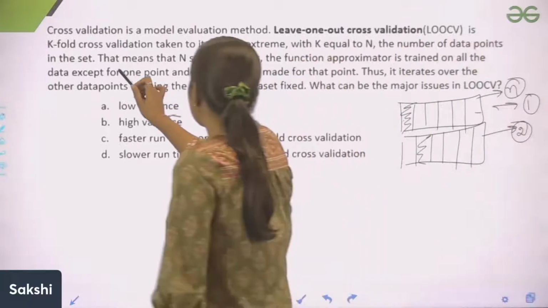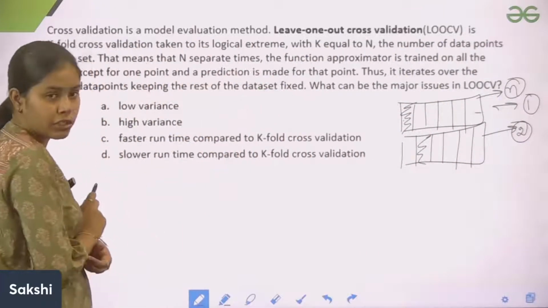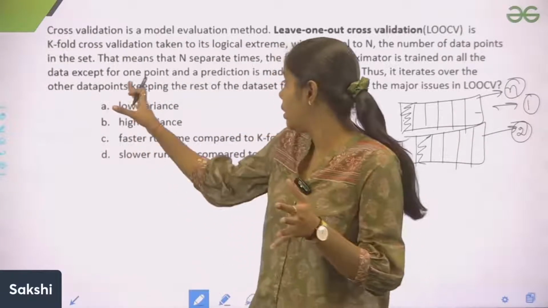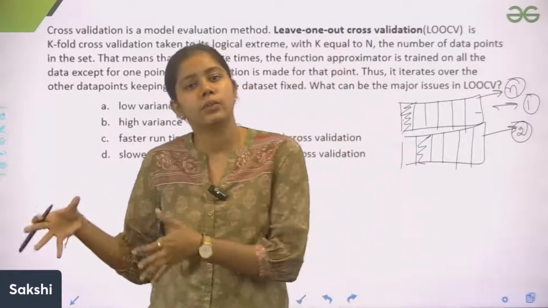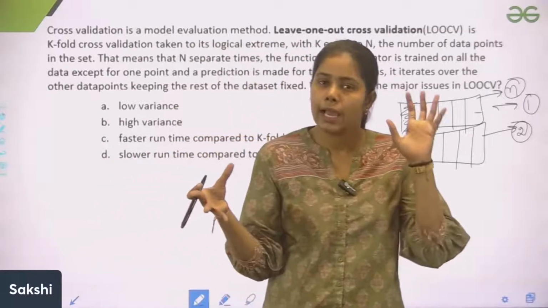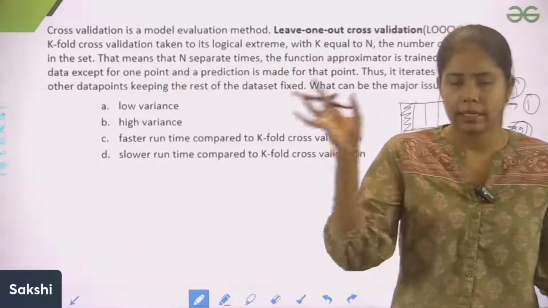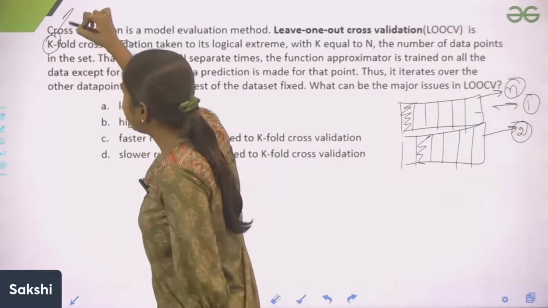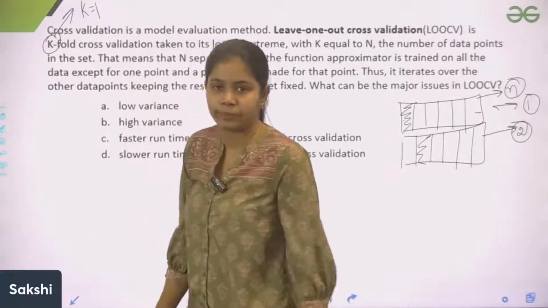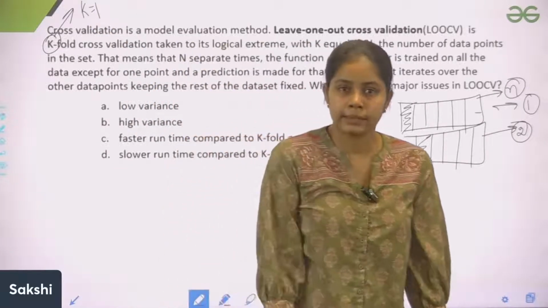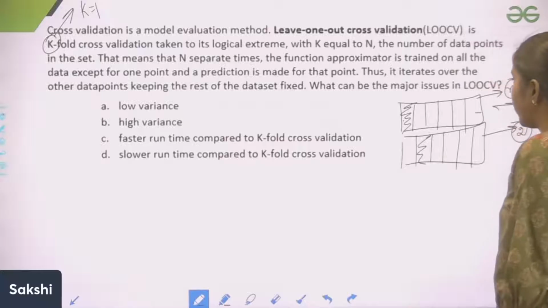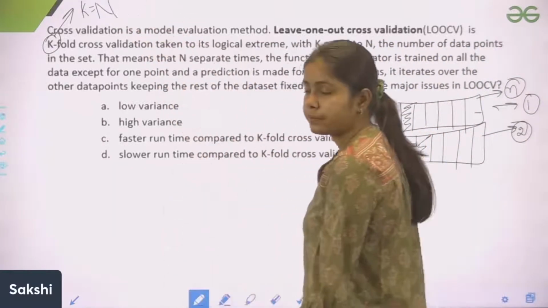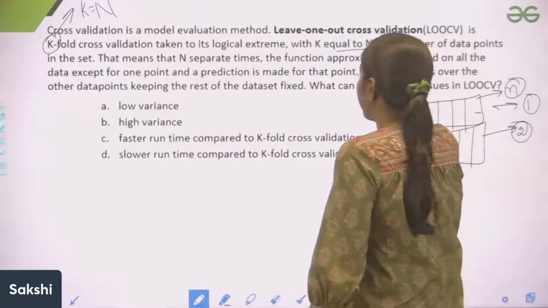So you can see that this is k-fold cross validation taken to its logical extreme, right? What is k-fold cross validation? I'll divide the data set into k parts, right? And each time I'll leave one of the parts out and train a model. But in this case, in place of k, I'll take k equals to n, the number of data points in the set.